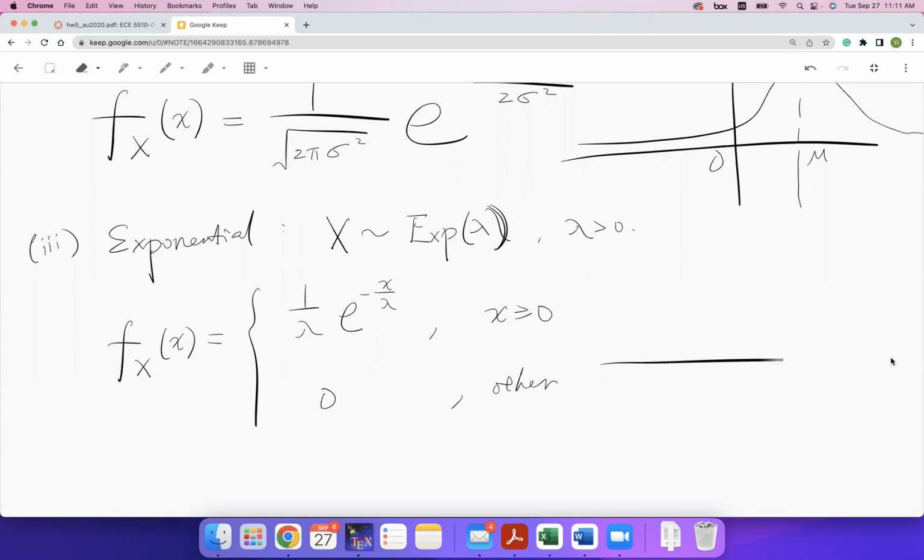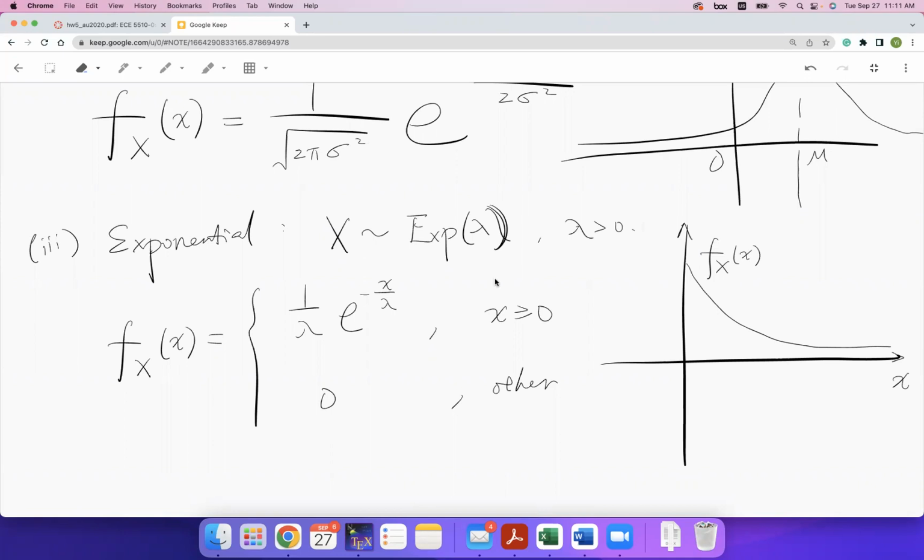If you sketch the PDF, it's an exponentially decaying function starting from zero over the positive numbers. Okay, so these are some very popular examples for the PDF.